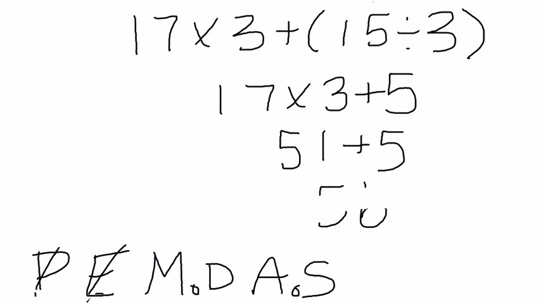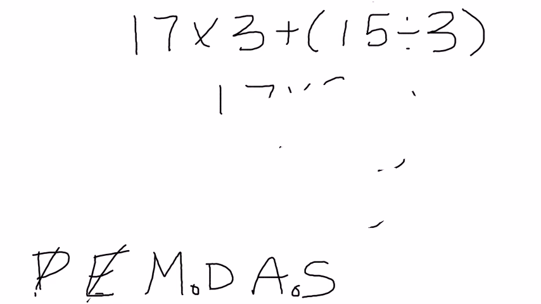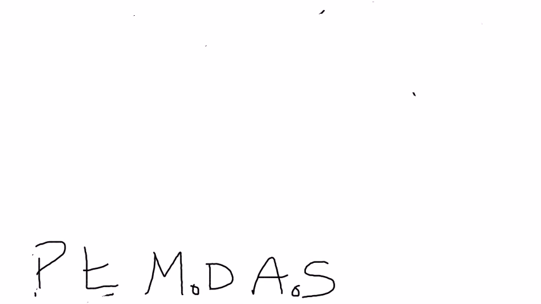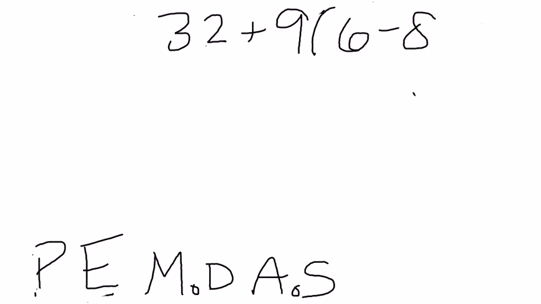Okay, I'm going to erase that and we're going to try another one. So let's try 32 plus 9 multiplied by 6 take away 84.